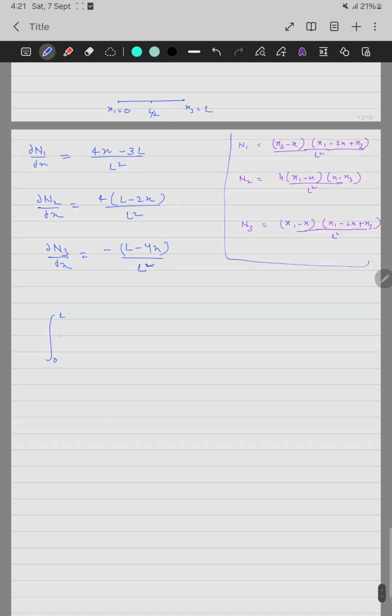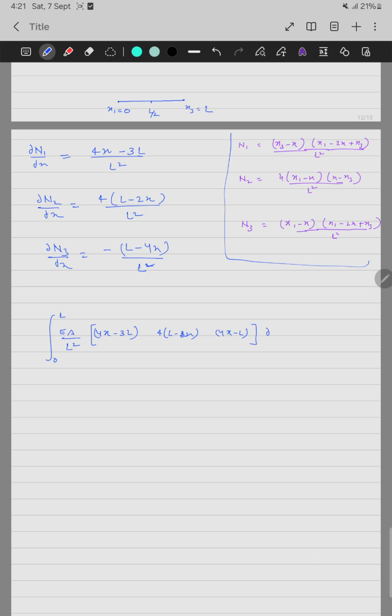So I am taking EA by L square and putting the rest in a matrix. We'll get 4x minus 3L, next will be 4L minus 2x, 4x minus L.